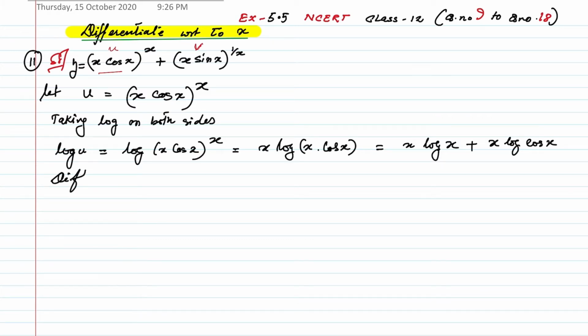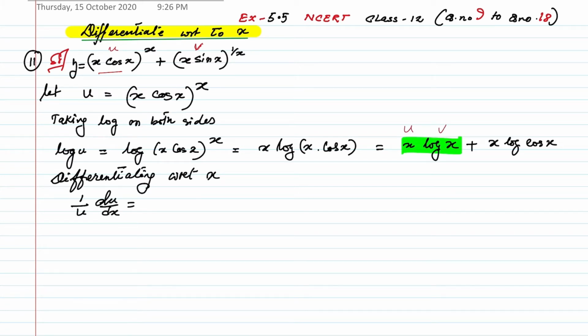Now differentiate both sides with respect to x. Differentiating with respect to x, we will get 1 by u, du by dx is equal to, so here to differentiate this we will use the product rule.